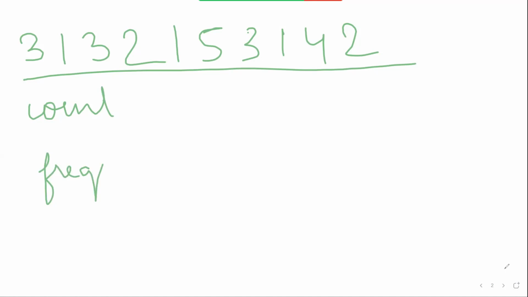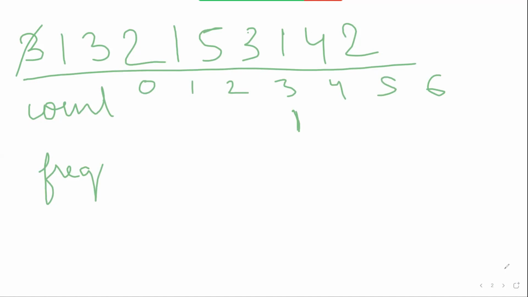So how will this work? Let's take the index. The first element is 3. So you will increment. Initially everything is initialized with 0. So count of 3 is 1.